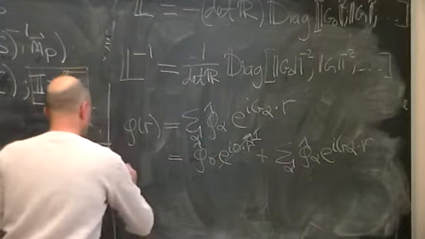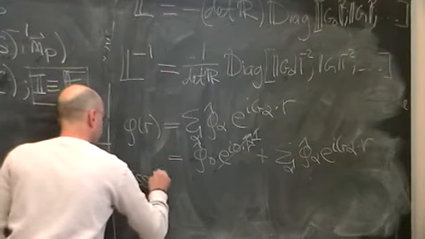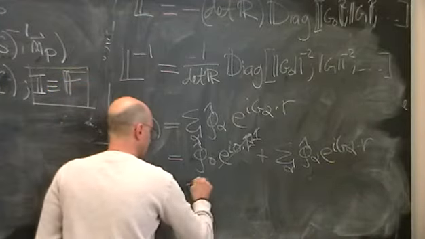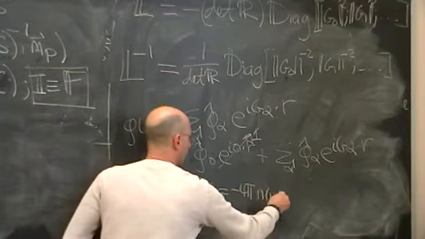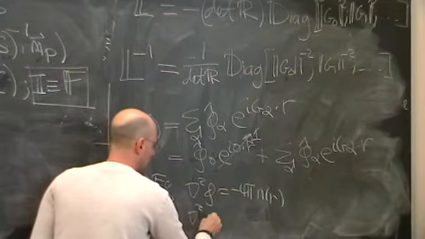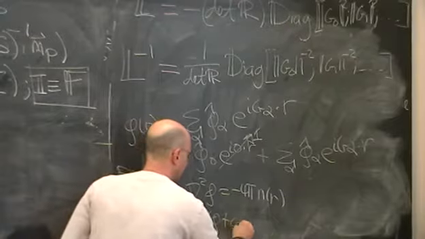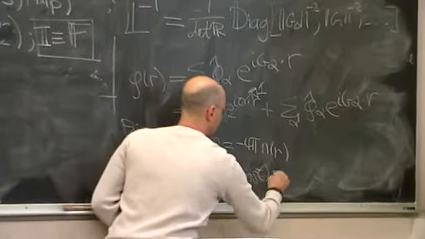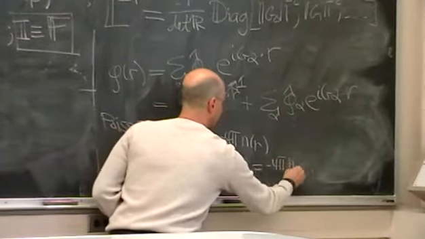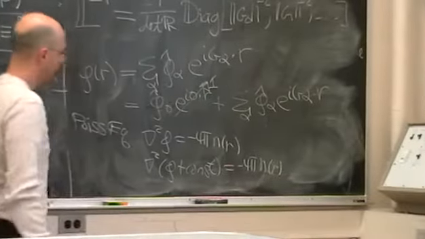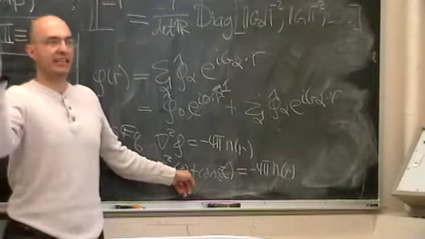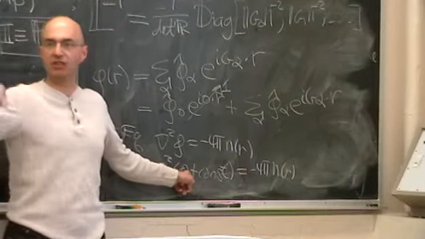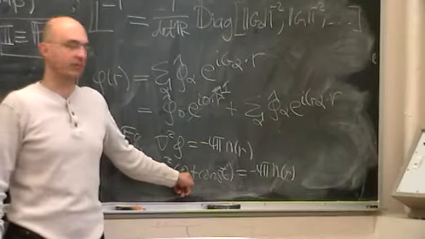And Poisson's equation that we're trying to solve says del squared phi is minus 4 pi n of r, but also notice del squared of phi plus any constant is minus 4 pi n of r. So you can add any constant to phi, and you're going to get just as valid a solution. It's the usual arbitrary zero of potential in any problem.